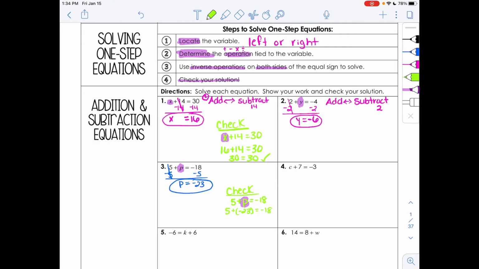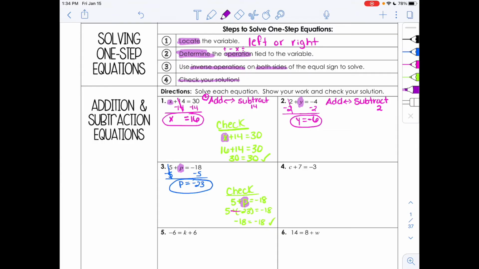Remember, 5 plus a negative is going to make it just a subtraction problem. So we're really doing 5 minus 23, which is negative 18 equals negative 18, which is a true statement. So we know that our answer of p equals negative 23 is correct.